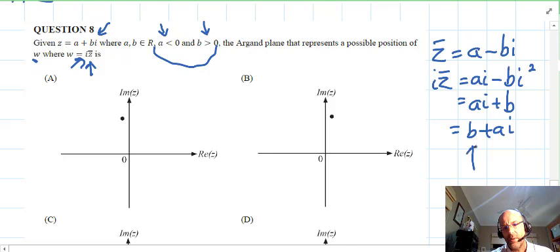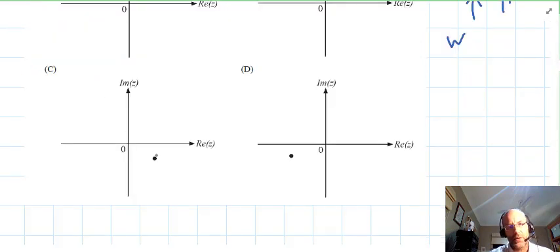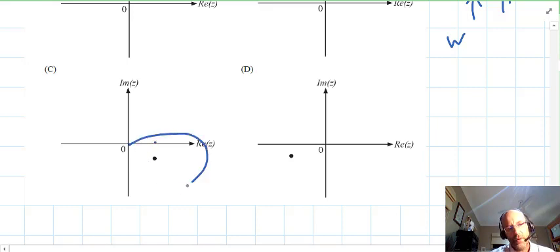So we go in the positive direction for our real Z, and in the imaginary Z direction we go down. So we're going to the right and down for W. If we look at option C down here, going to the right and down on the Argand plane, that's talking about this quadrant here. So C is the answer.